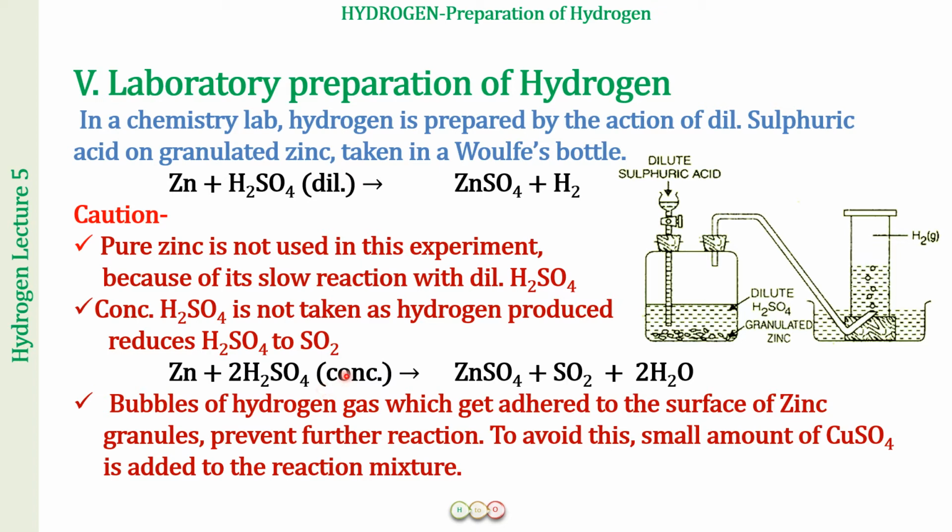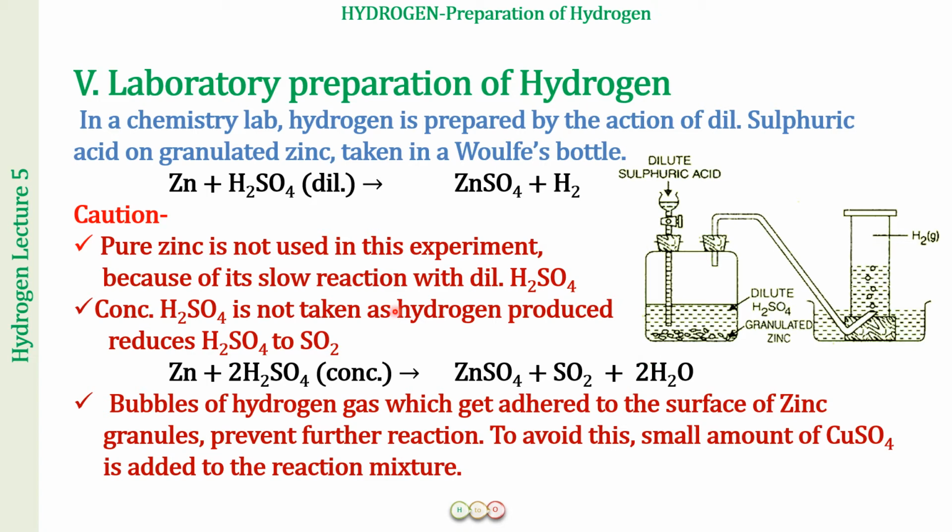So what will happen is that the nascent hydrogen that will be formed will react with H2SO4 further to form sulfur dioxide and water. Okay, so what we will be getting as a reaction of zinc and concentrated H2SO4 is zinc sulfate, sulfur dioxide and water instead of hydrogen, which we were trying to prepare in the laboratory, right? So we will not use concentrated H2SO4.